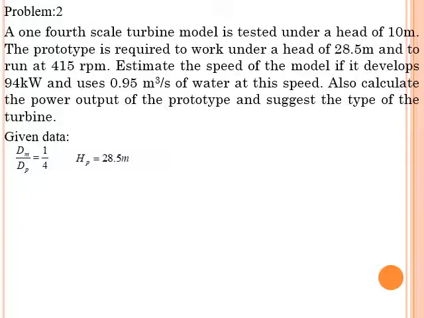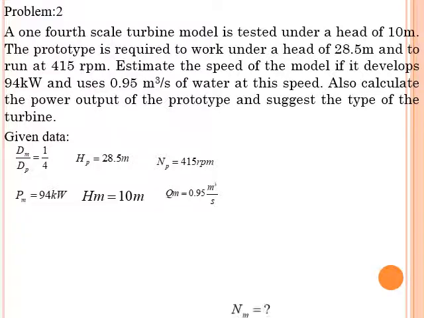Then head of the prototype is given, 28.5 meter. Now speed of the prototype is given, 415 RPM. Power developed by the model is 94 kilowatt. The head of the model is 10 meter. Discharge through the model is 0.95 meter cube per second.